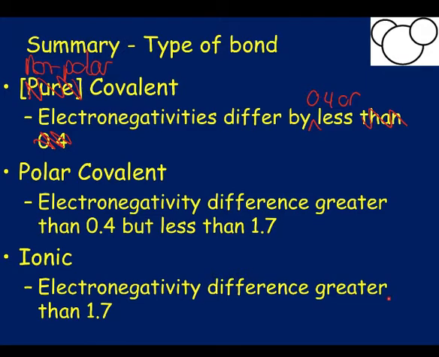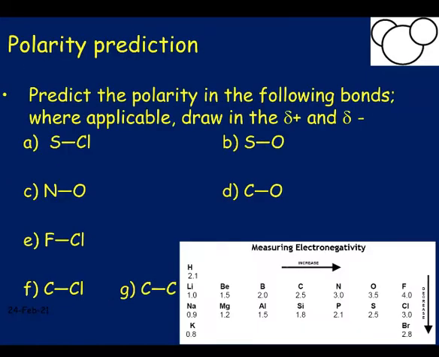Now, for homework, on the top of page 154, you have to predict the polarity in the following bonds, and if applicable, draw in your delta plus and your delta minus. I'm going to do the first one for you. S is 2.5, Cl is 3.0. If I take one from the other, I get 0.5.